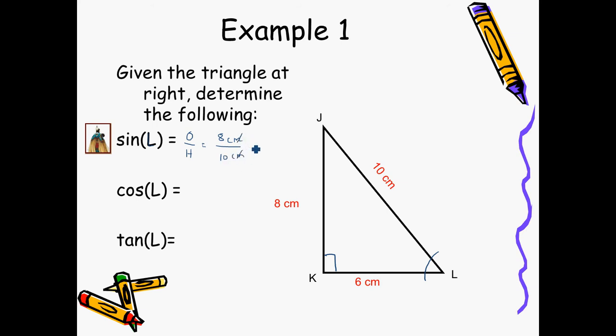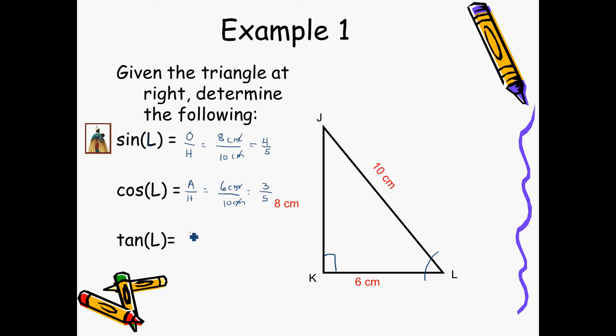Centimeters cross out, and this of course reduces to what? Cosine is the adjacent side compared to the hypotenuse, which is 6 centimeters over 10 centimeters. Centimeters divided by centimeters cancels out, and this of course reduces to what? No units. The units canceled out.